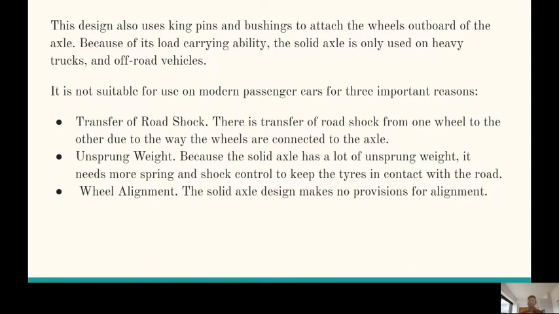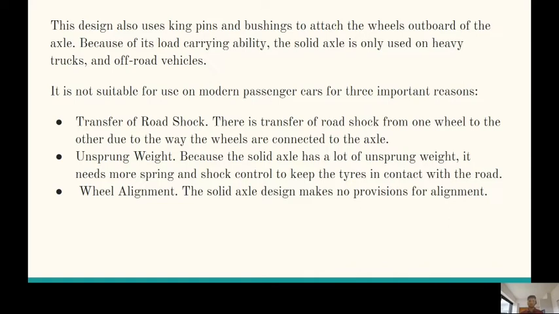Because of its load carrying ability, the solid axle is only used on trucks and heavy off-road vehicles, and it is not suitable for modern passenger cars for three important reasons.